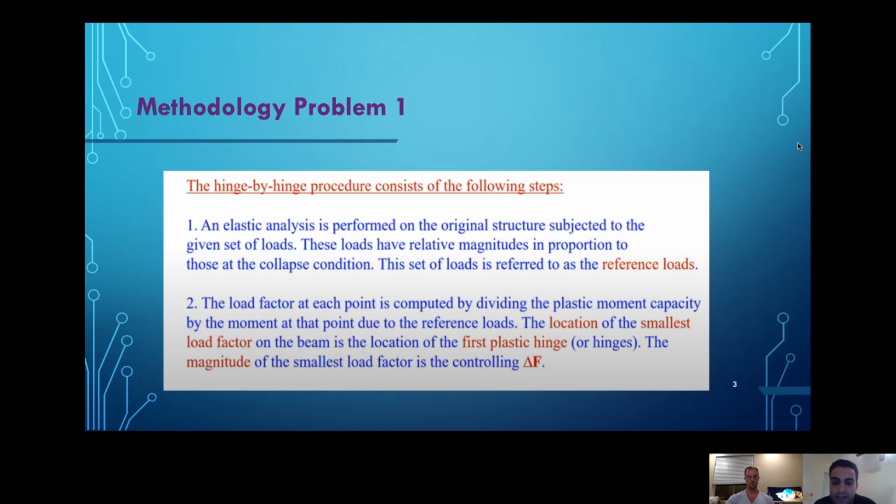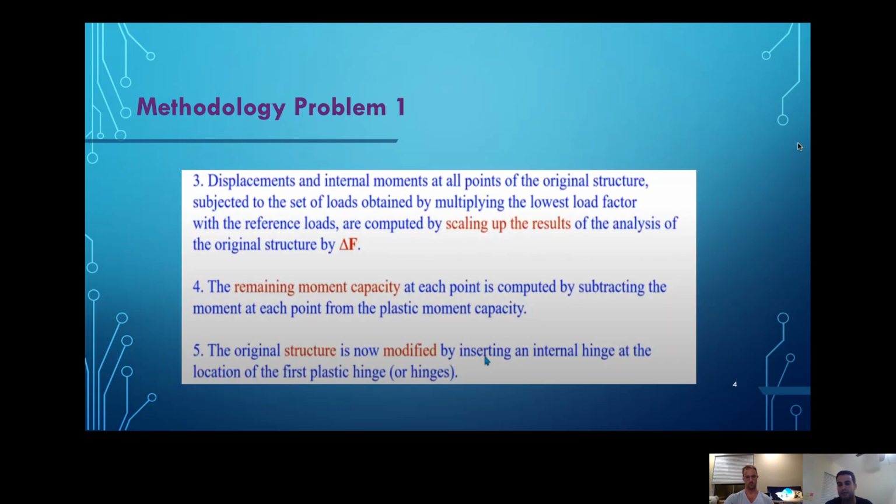The second one is the load factor at each point is computed by dividing the plastic moment capacity by the moment at the point due to the reference load. The location of the smallest load factor on the beam is the location of the first plastic hinge or hinges. The magnitude of the smallest load factor is the controlling delta F. And our reference load in this problem was F equals 1.